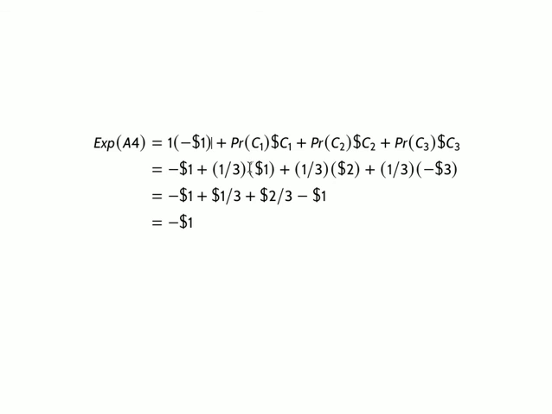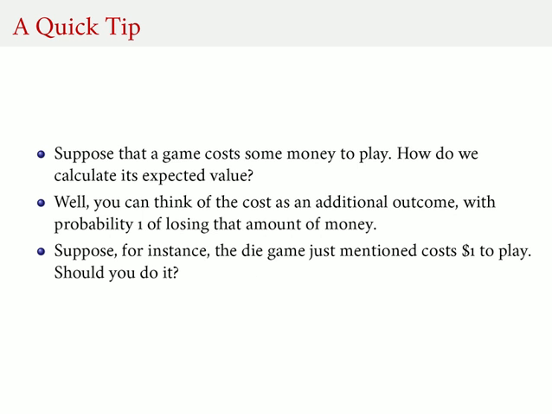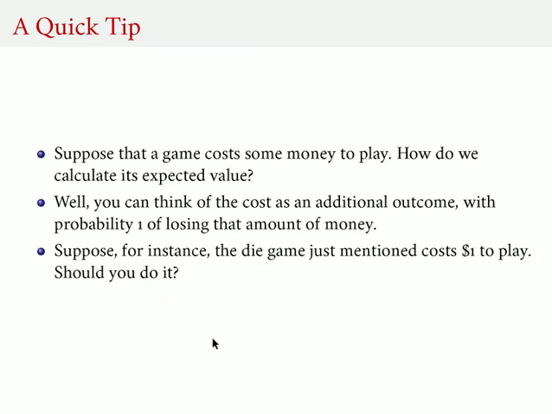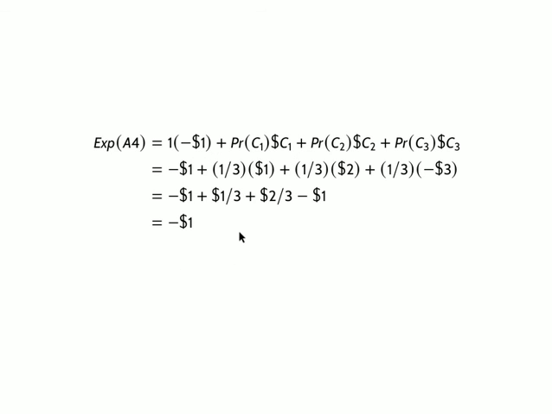Okay, and when we do that, we see that the overall expected value is negative $1. So in this case, it doesn't make sense to pay any money to play this game. And that makes sense because the game where we didn't pay anything had an expected value of 0. So we shouldn't really expect to gain or lose anything. And therefore, since the expected value of this game without a cost is 0, it doesn't really make sense for us to pay any money whatsoever to play it.